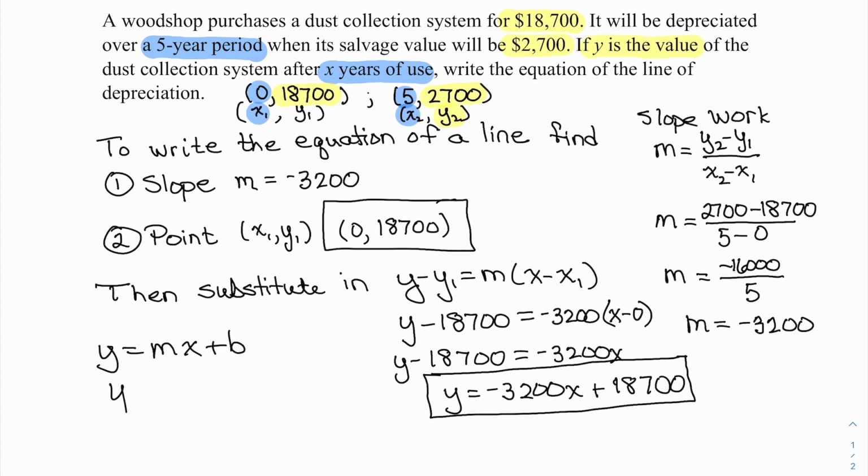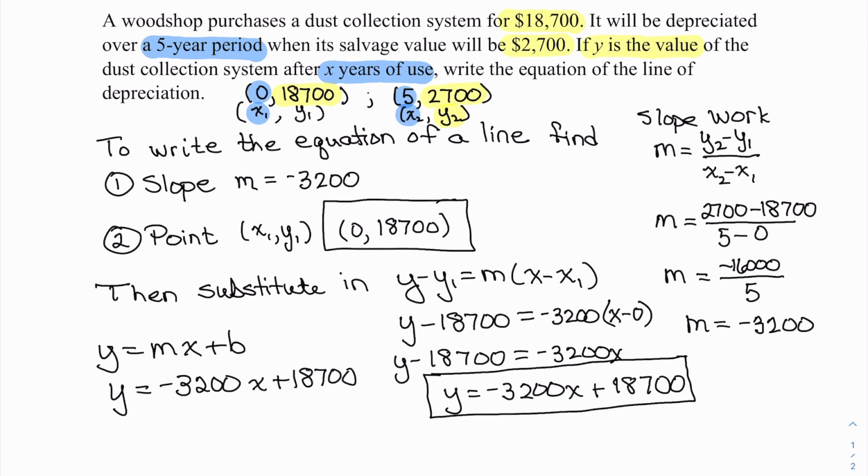We would have written y equals, our slope is negative 3,200x plus 18,700, and we would have gotten that equation right away. But that only works when you have the point that is the y-intercept to get it that quickly. Otherwise, there's other solving that you have to do.